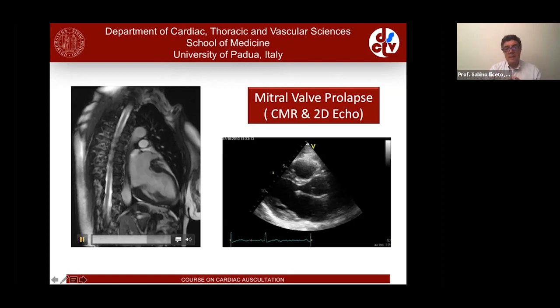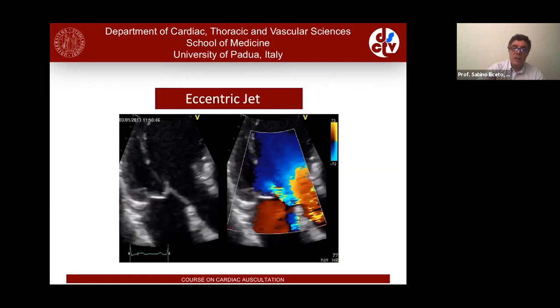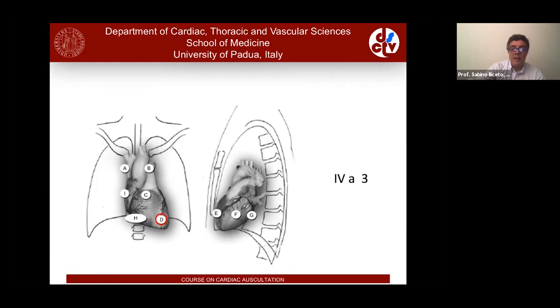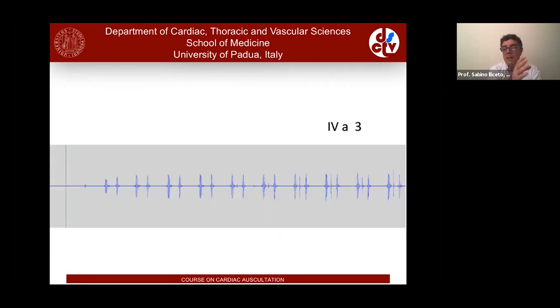So what happens is that the mitral valve closes, the click occurs because of the tension, and lastly mitral regurgitation develops. So mitral regurgitation in a subject with mitral valve prolapse is a finding that does not occur immediately, but in late systole, as in the papillary muscle dysfunction that I described before.